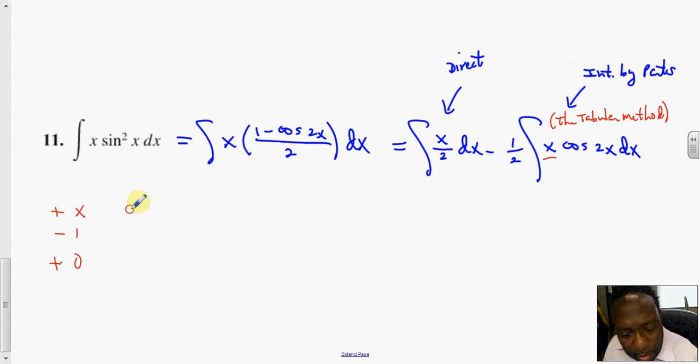Then we take cosine 2x, we integrate here.